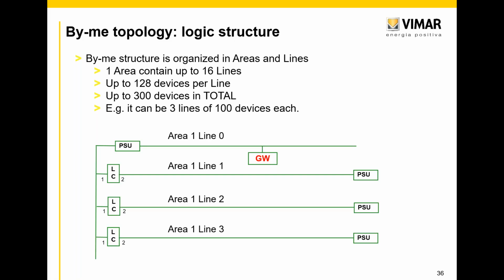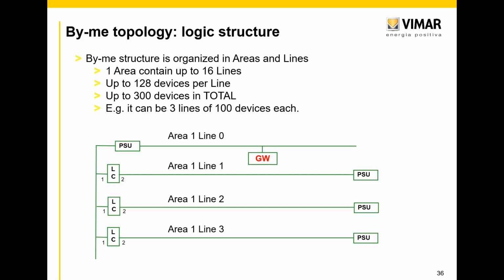And since the physical address is unique, we have to decide a topology that is based on areas and lines. One line contains up to 128 devices, logical addresses.